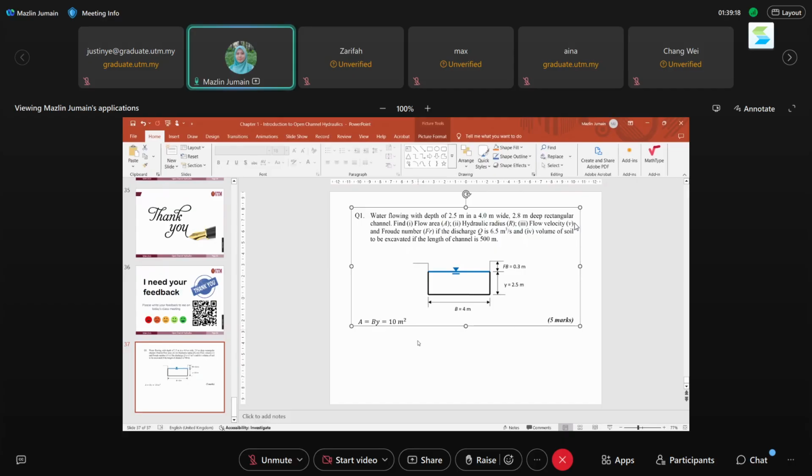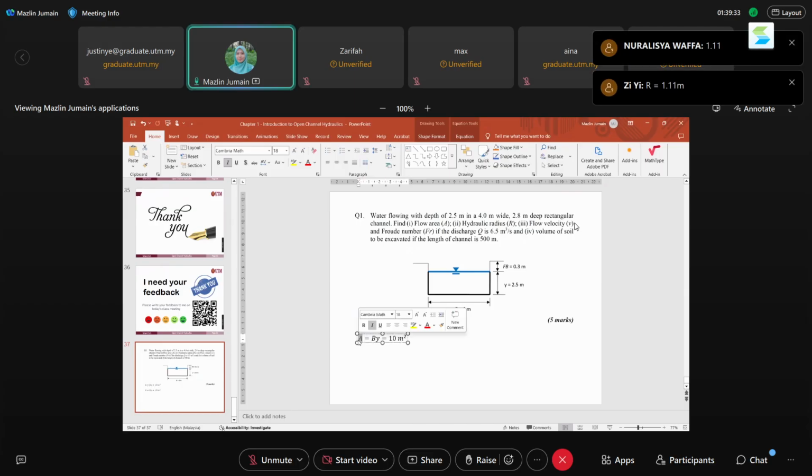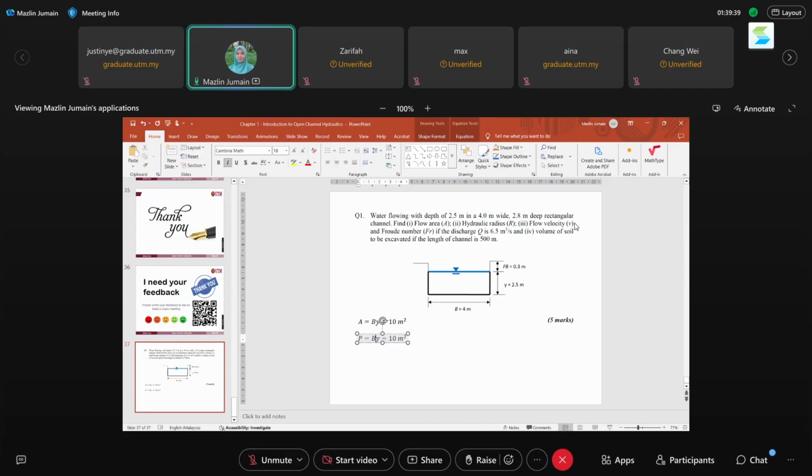And then next, the second one is hydraulic radius, R. So in order to calculate R, you need to find P first, the wetted perimeter. So the equation for P, we have B plus 2Y.